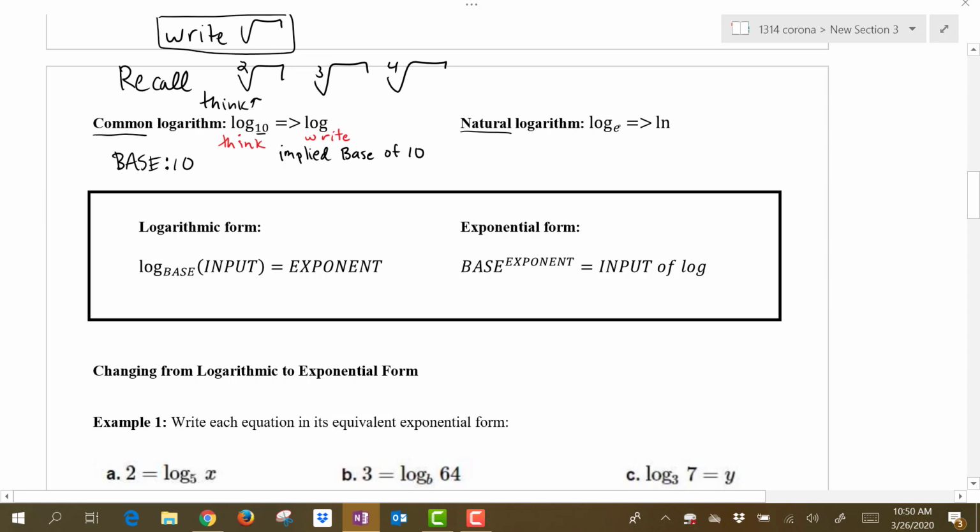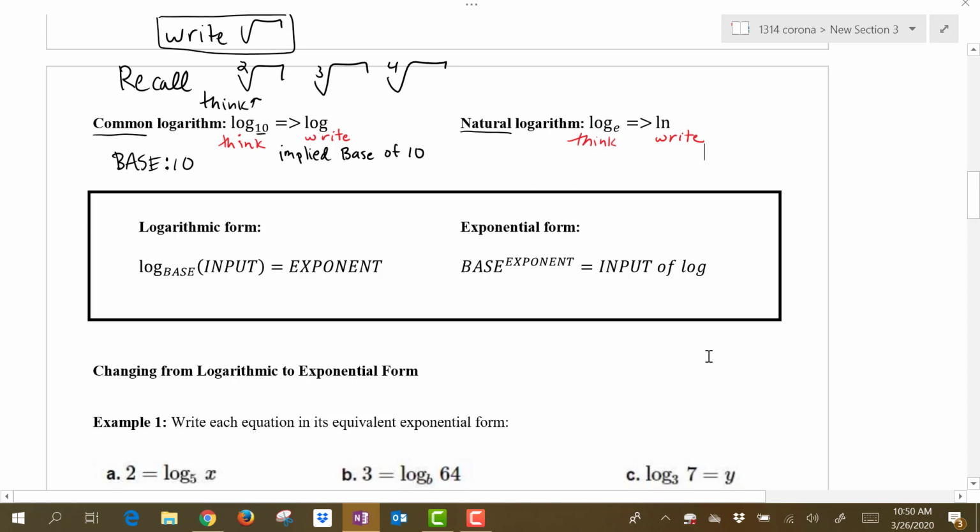Log with the base of e, we don't write it like that. We think of it like this, but we actually write it as ln. That means log natural, or natural log. I think it's something that came from France. So log natural, ln. We think log base e, but we write ln.